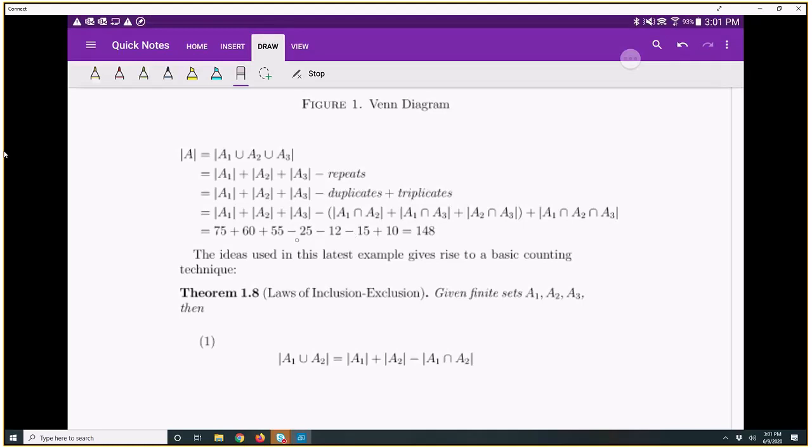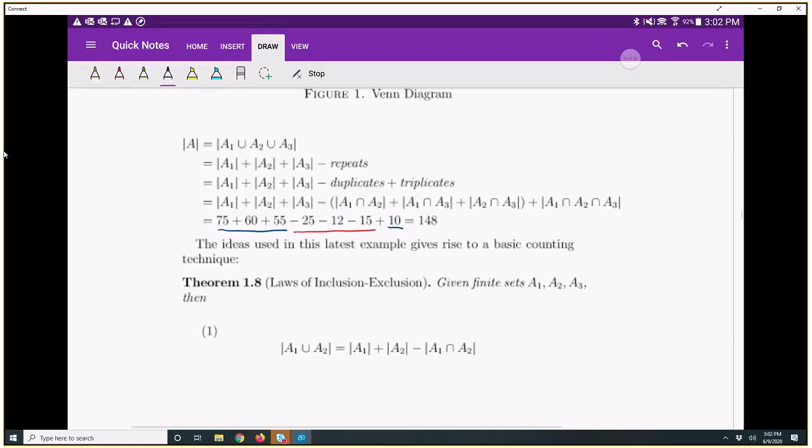So 25 of the students who took algorithms also took logic design, 12 of the students who took algorithms also took compiler construction, 15 of the students who took logic design took compiler construction, and then 10 students took all three. So we add these, then we subtract these, then we add this, for a total of 148 junior computer science majors.